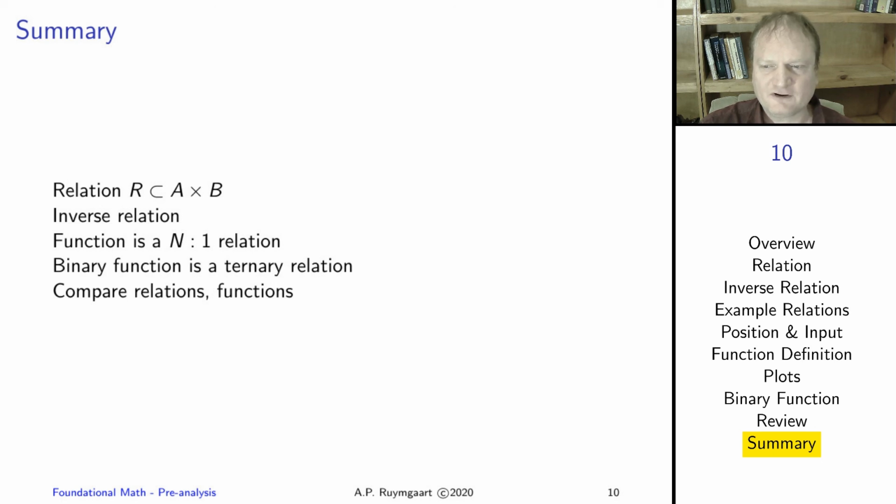Then we defined a function as a relation with the additional rule that it must be n to 1. And we talked about binary functions and showed that they are ternary relations. They are subsets of the Cartesian triple product. And we spent a little bit of time comparing relations and functions and looked at some examples of each.